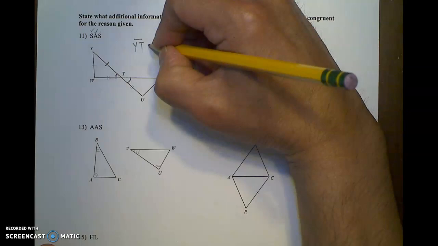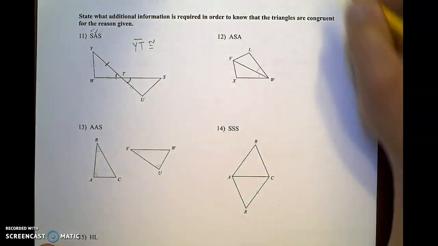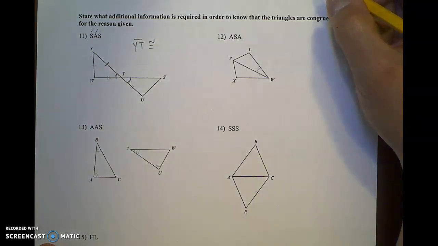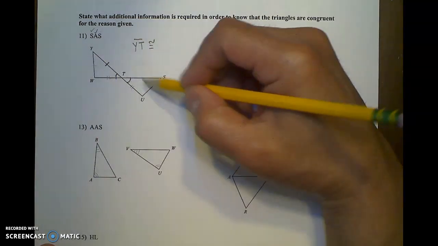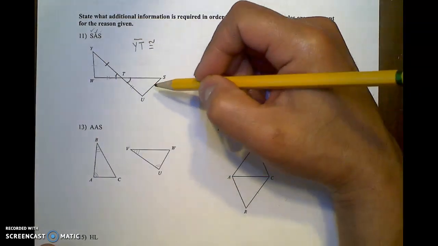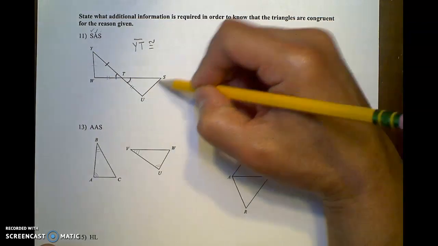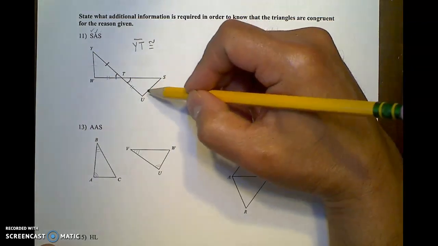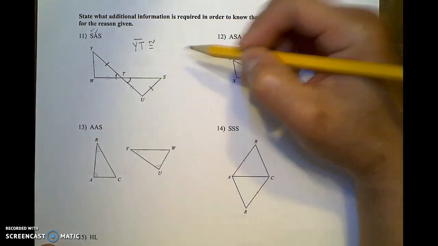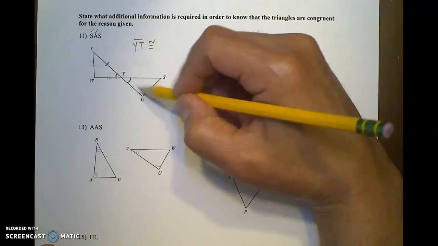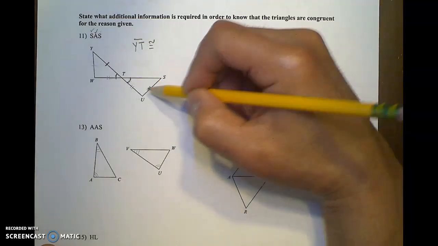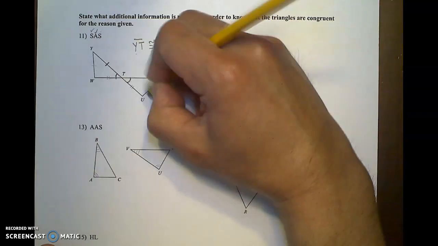Okay? So we're going to say side YT is congruent to, now we need to pick another side from the other triangle. So again, we're not going to pick side SU, because if I tick mark SU, right, it doesn't have the angle in between the two sides.